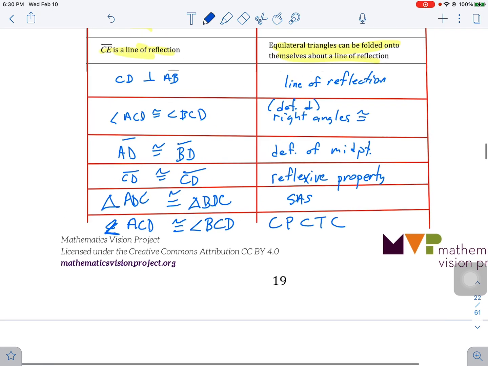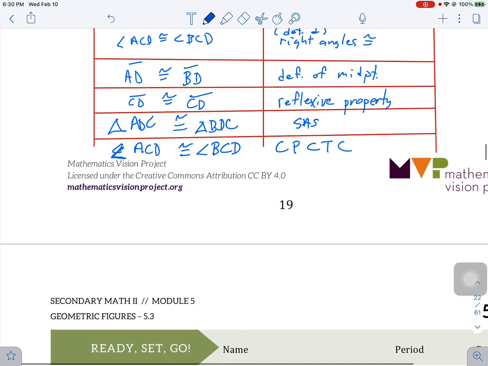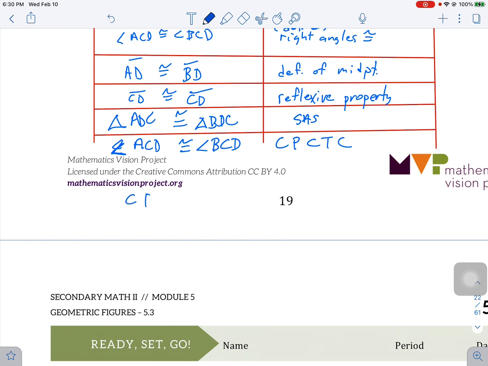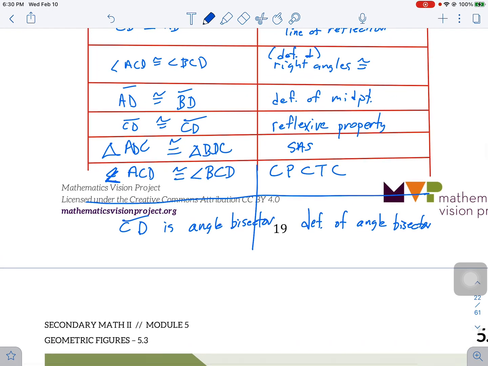And so therefore, based on the definition of an angle bisector, CD is an angle bisector. So when you're proving these, you're really justifying everything, and even down to the last step here with the definition.